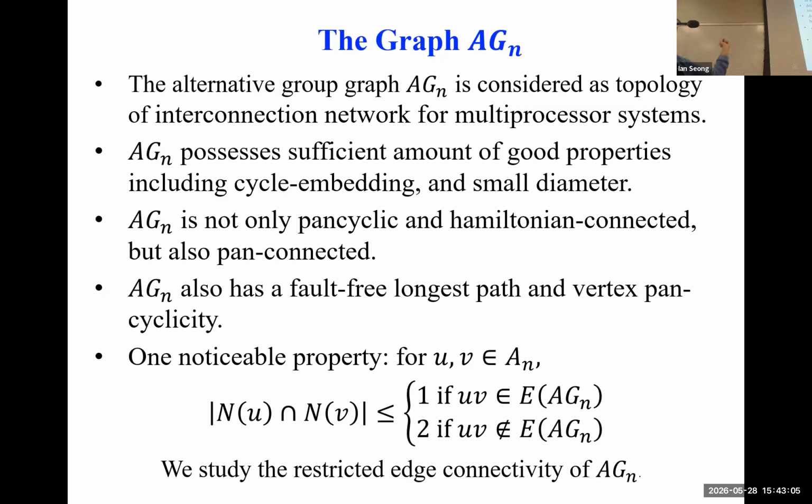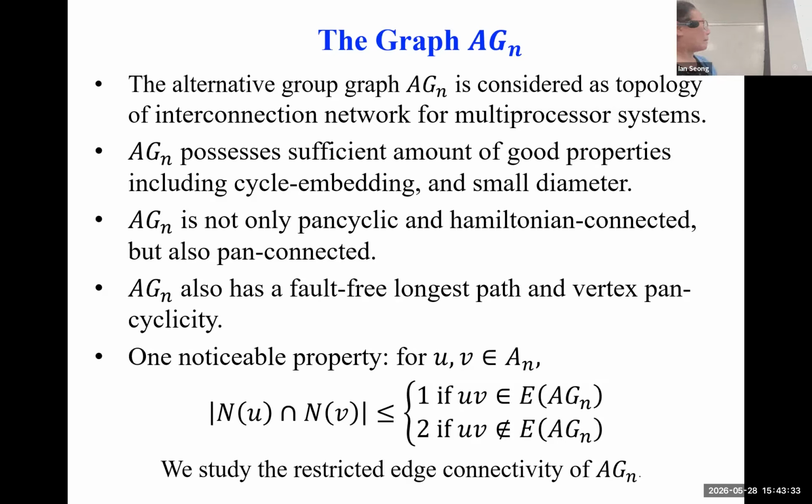Pancyclic means this graph has all cycles of length from 3 to the maximum number of vertices of the graph. And AGN also has a fault-free longest path and vertex pancyclicity.